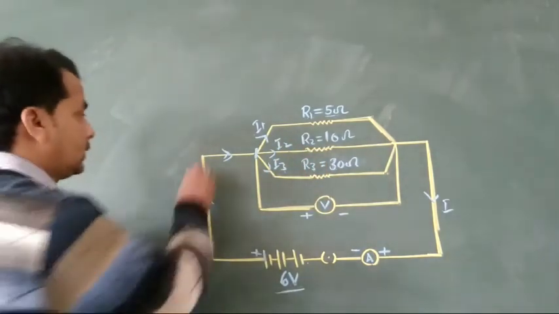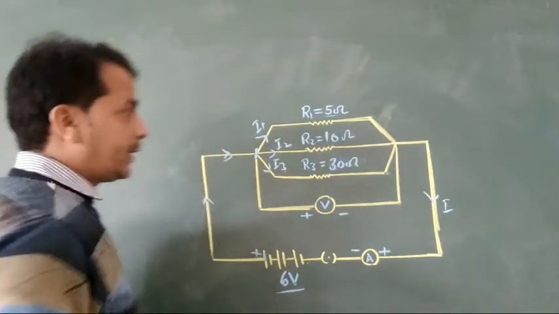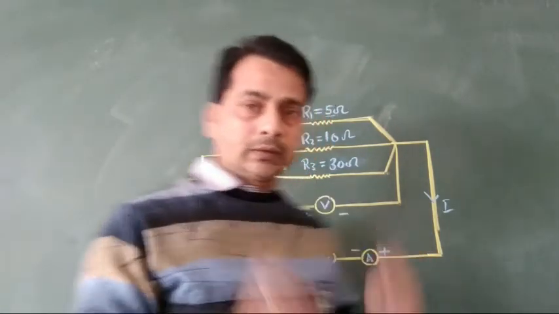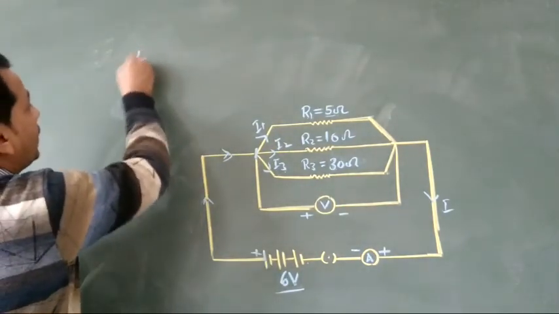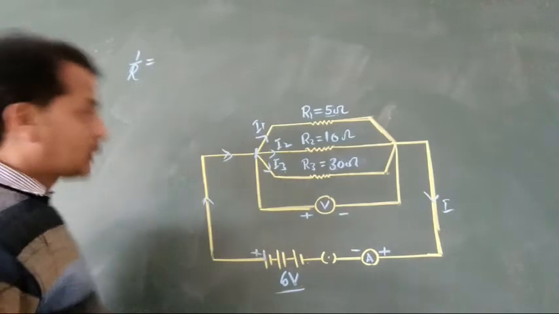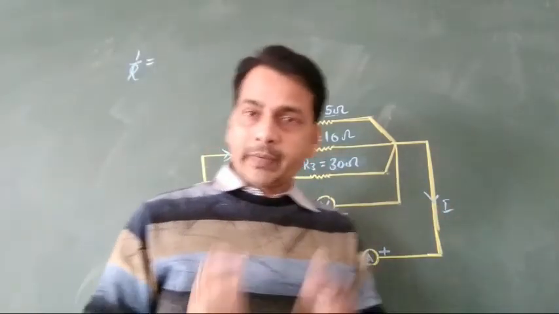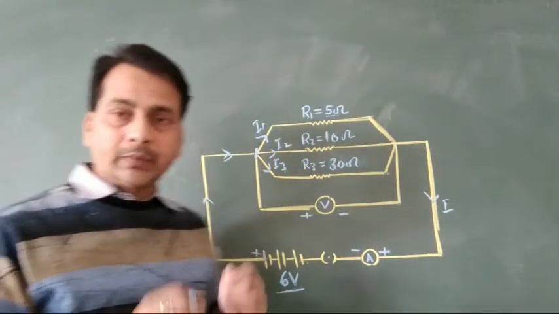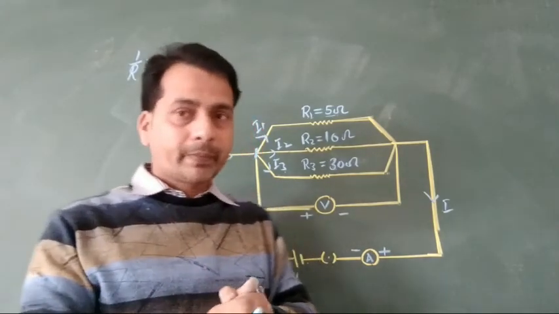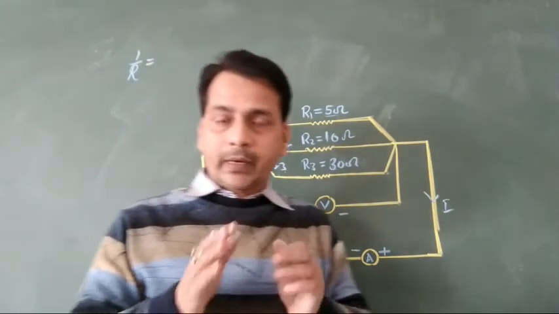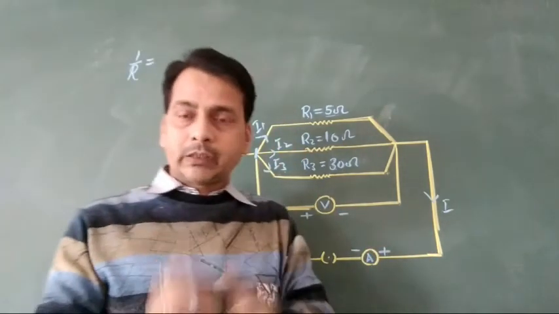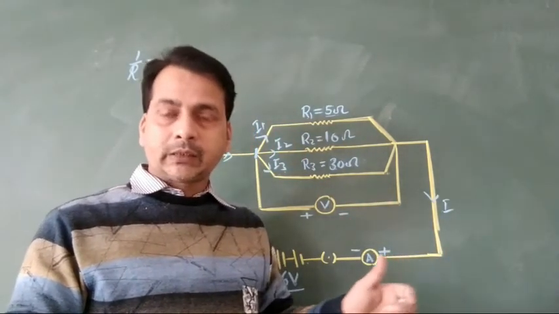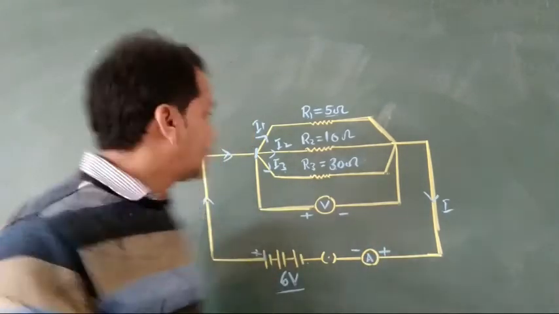According to the parallel combination, the equivalent resistance is given by 1 by R equal to the sum of the reciprocals of the given resistors.